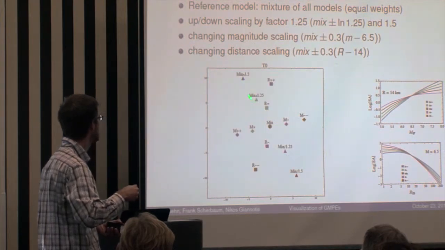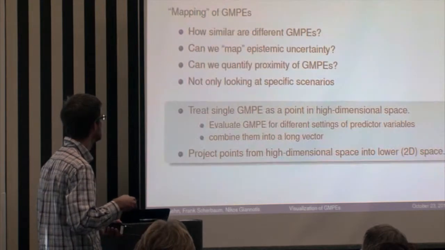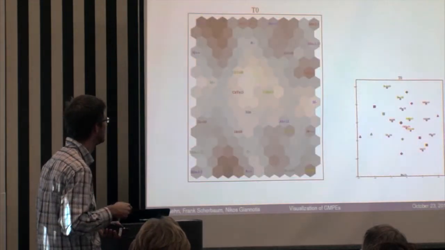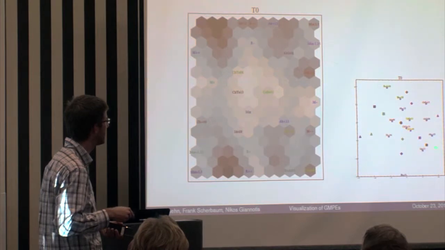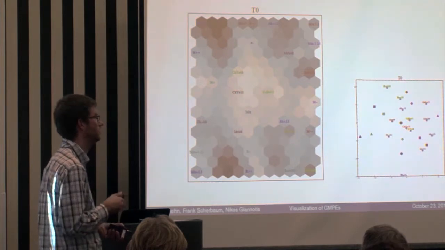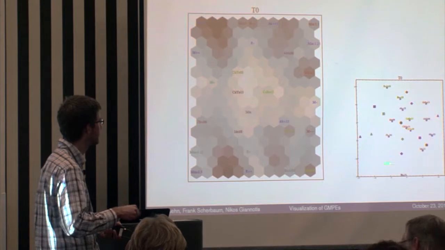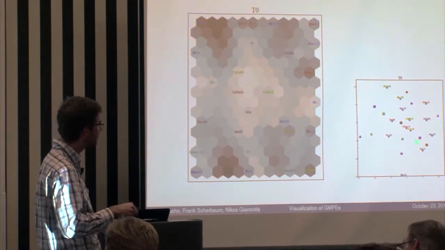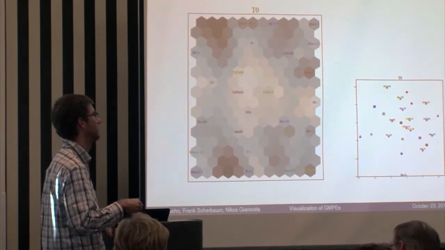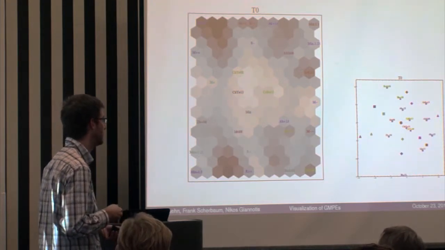Triangles are scaling up and down, squares are distance scaling, and I think this is pretty similar to the Sammon map that I showed on the plot before. Again, most of the models are concentrated around their average, and there's just one model which is far away.